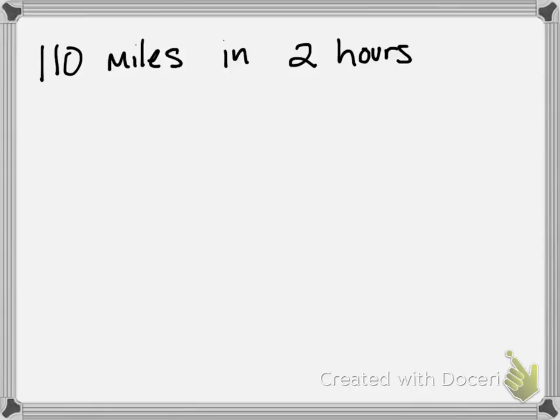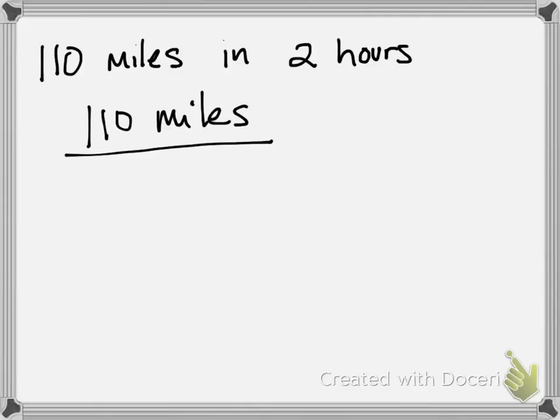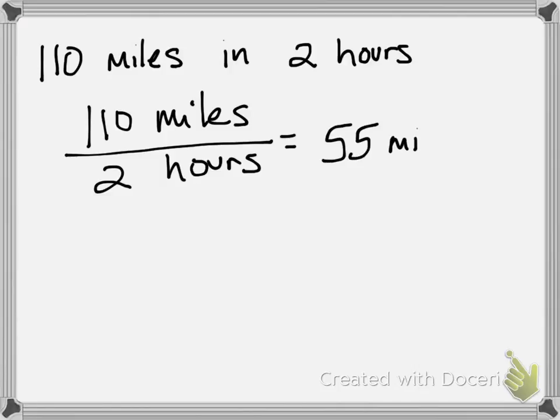Now, miles per hour is a very common everyday unit rate. And so to figure that out, we would take our 110 miles and we would divide that by our 2 hours. And when we do the division, we would get 55 miles per hour.